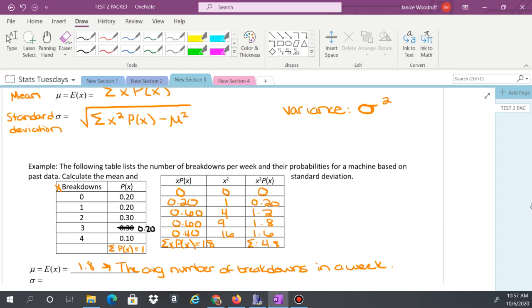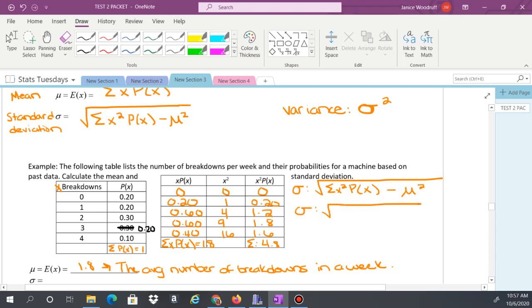All right, so our standard deviation formula is going to be the square root of the sum of x squared times p of x minus the mean squared. So if we plug those values in, the sum of x squared p of x is this 4.8 here.